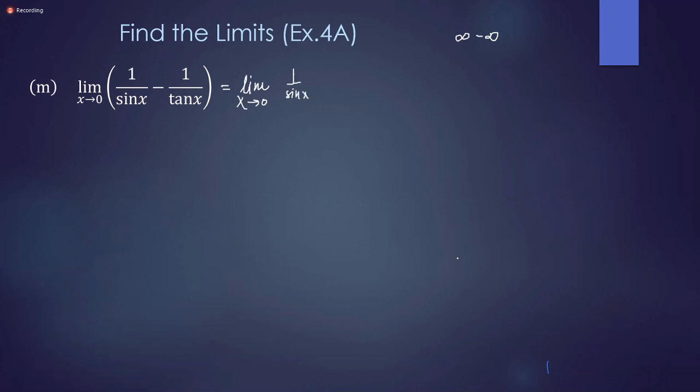That would be cosine divided by sine, because sine divided by cosine is tangent. Here we have the reciprocal, turning things upside down. So what we have here, limit when x tends to 0, write everything on the same line. Sine x is the common denominator, and the numerator 1 minus cosine x.